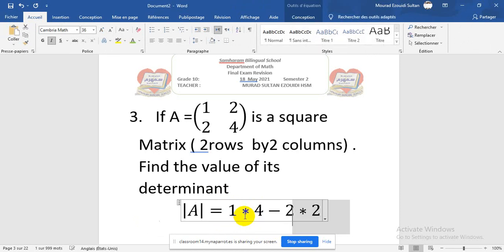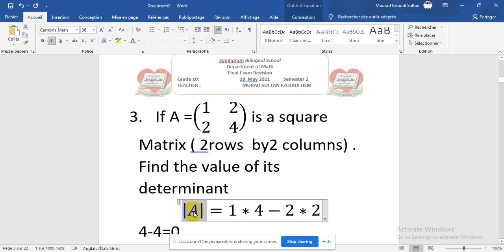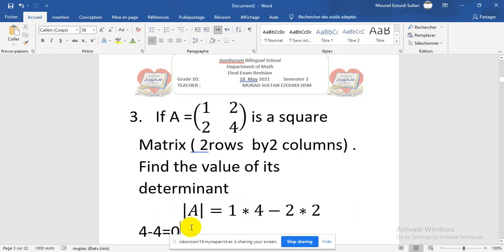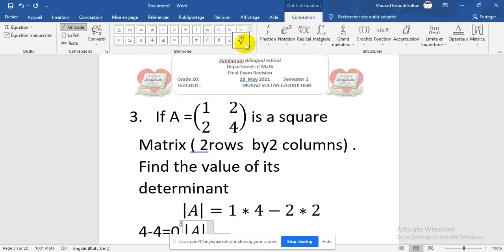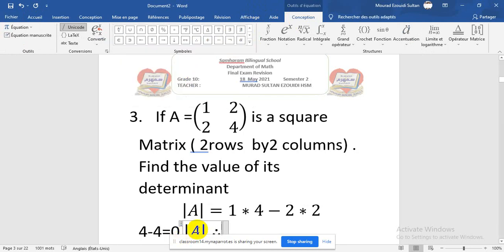Then I will erase the rest. So this one should be equal to 4 minus 4, which is equal to 0. So the determinant, as a conclusion, my learners, is equal to 0.